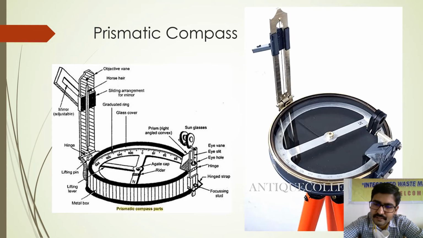The circular ring you can see is the graduated circle, and it will have the readings from 0 to 360 degrees engraved into it.